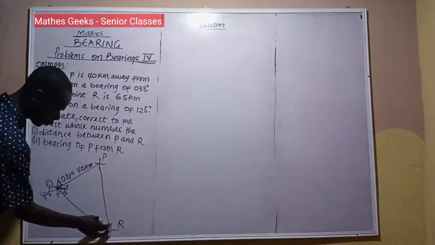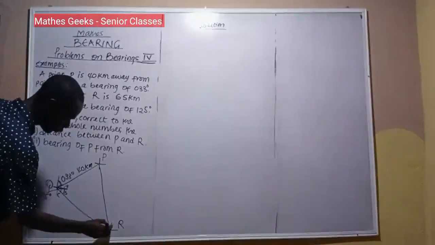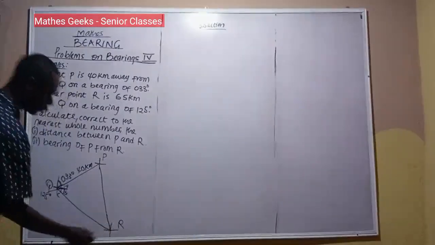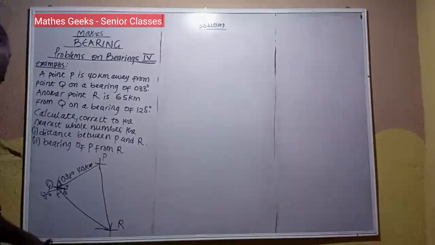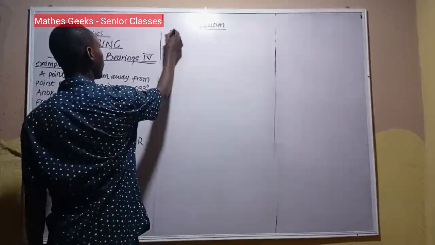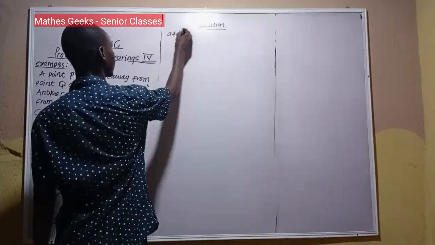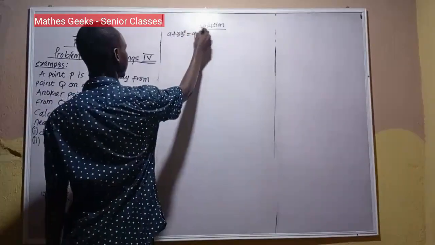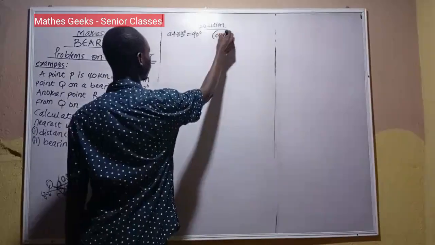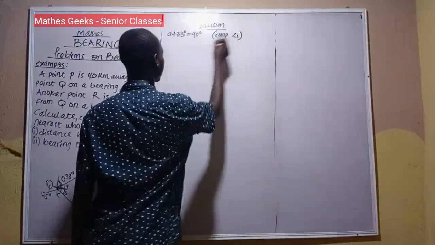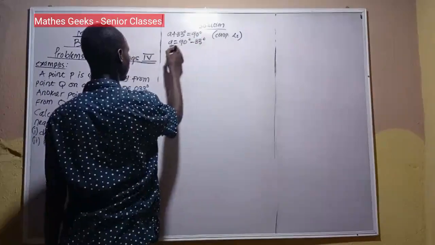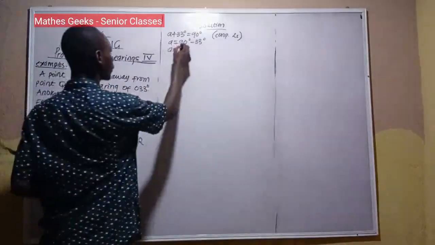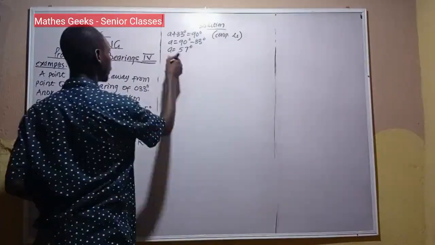Okay, so there's our analysis here. E plus 33 degrees is equal to 90 degrees, complementary, and E is equal to 90 degrees minus 33 degrees. E is equal to 57 degrees.